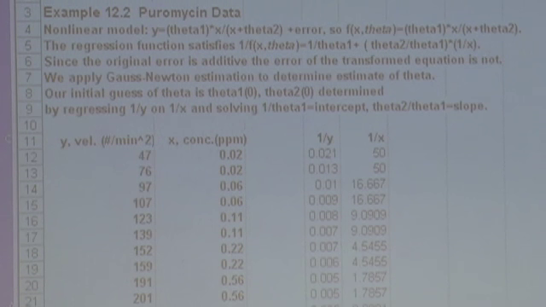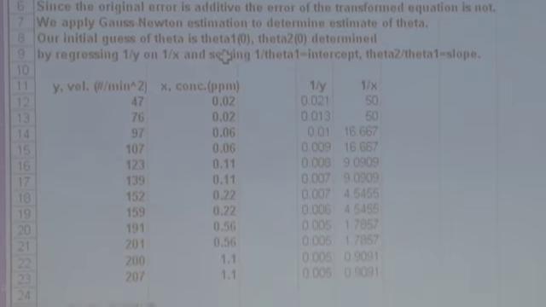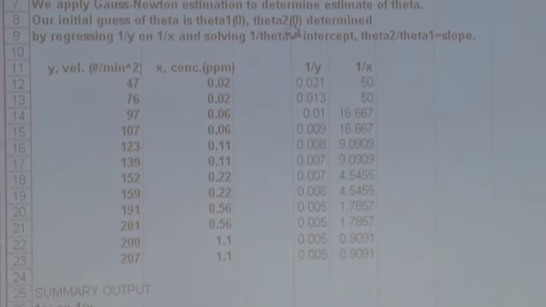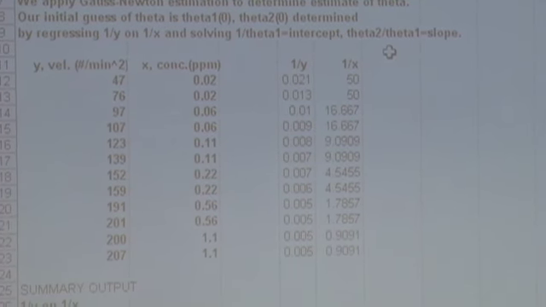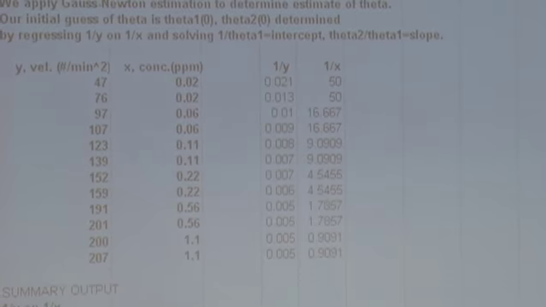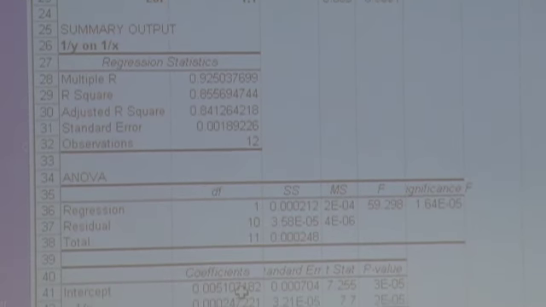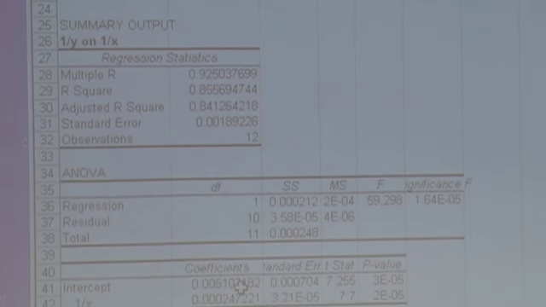Then the regression function satisfies this linearization, right? So for initial guesses, let's regress 1 over y on 1 over x. That should give me an estimate of 1 over theta 1 and theta 2 over theta 1. Then I'll take those estimates and unravel them and get theta 1 and theta 2. So there's a regression of 1 over y on 1 over x, and I get 0.005 for 1 over theta 1.